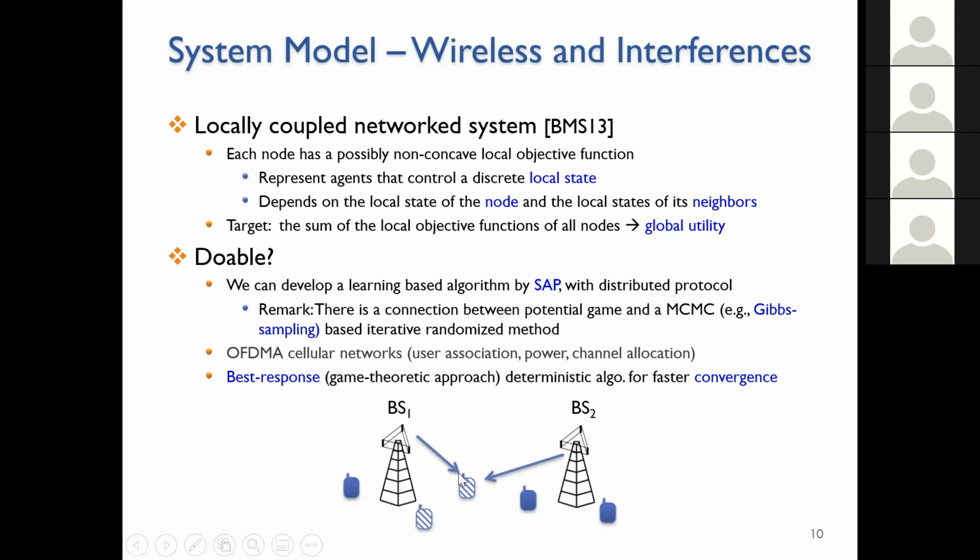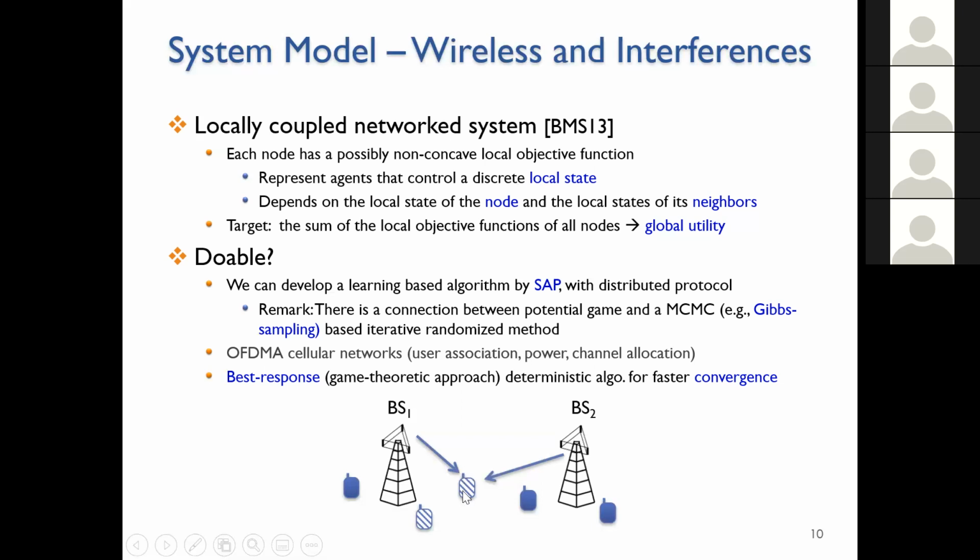You would like to control a parameter, or adjust, let's say, the power level from base station 1 to its user. This is a local state. It depends on the local state of this node, and also the local state of other nodes, which means the power from base station 2 to the user in blue here, which will impact these devices.